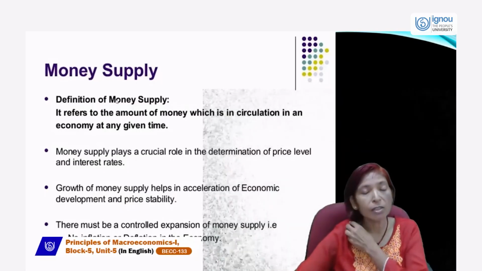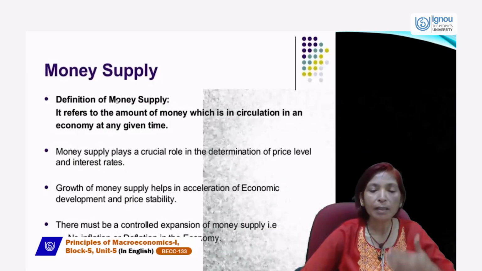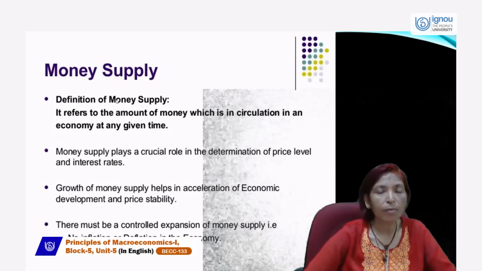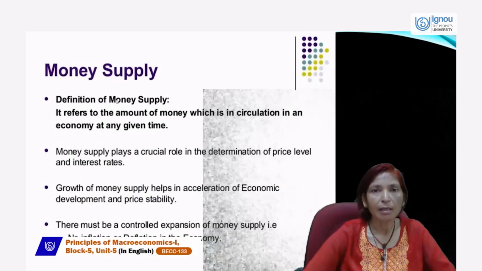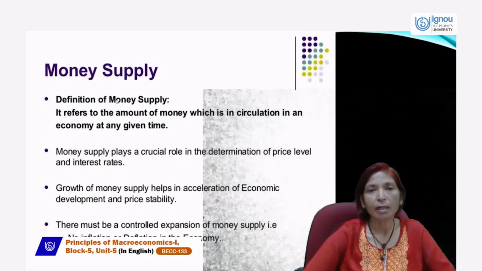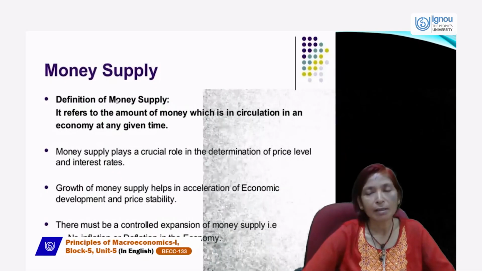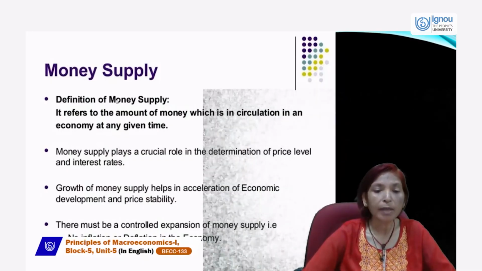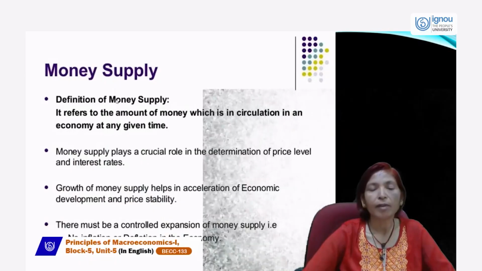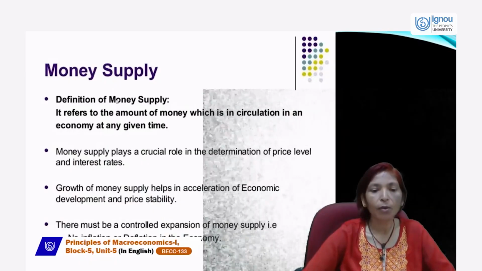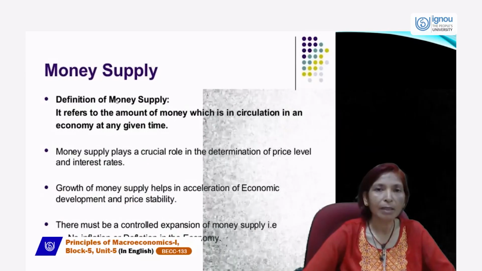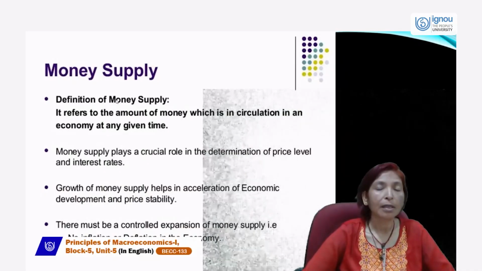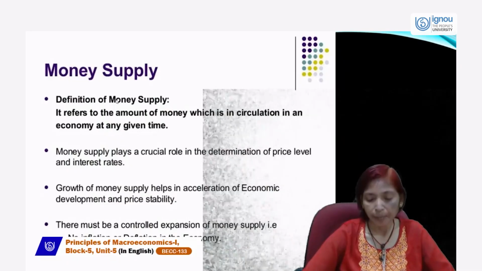And deflation is the situation when the price level decreases. If money supply is not controlled by the Reserve Bank of India, then the situation of inflation and deflation will occur in the economy. So there must be controlled expansion of money supply. For example, with no inflation and no deflation in the economy, prices can remain stable and growth can be achieved easily.